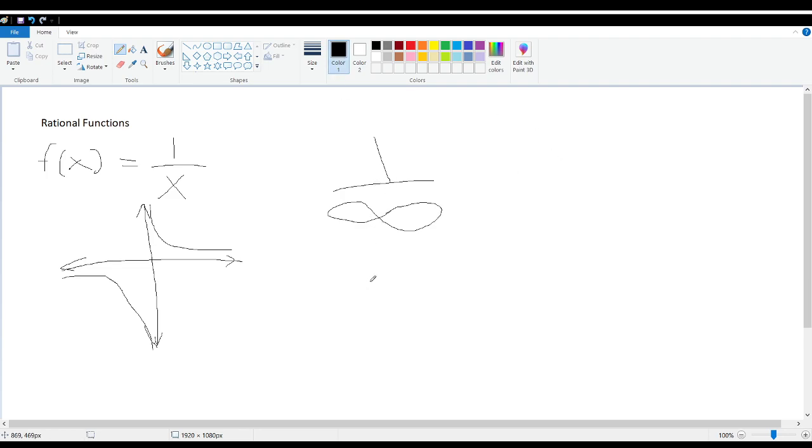Even though 1 is being divided by infinity, it cannot be divided to 0. It still has an extremely small number, but it's not 0. So in this case, for this graph, let me just erase this first.